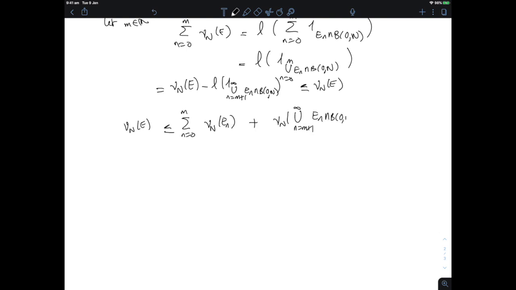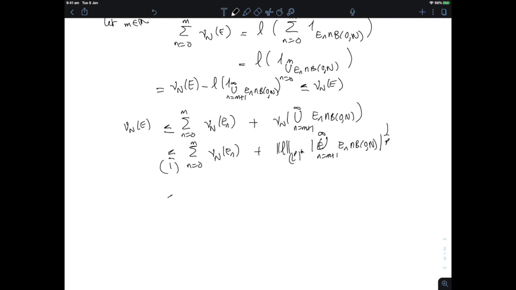Now I can use the absolute continuity property, property 1, and say that this is smaller than the sum from n equals 0 to m of nu n of E_n plus the norm of L in L^p star times the Lebesgue measure of this union, raised to the power 1 upon p.